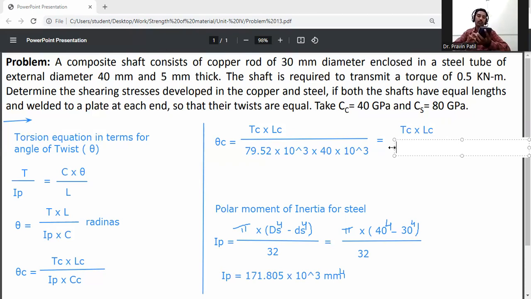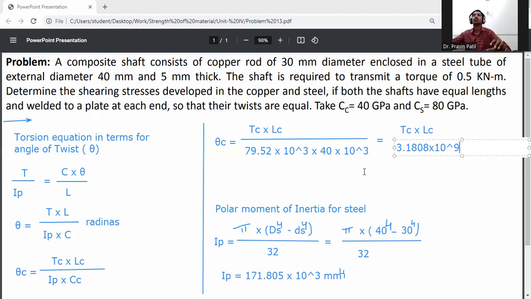That will be 3.1808 into 10 raised to the power 9.